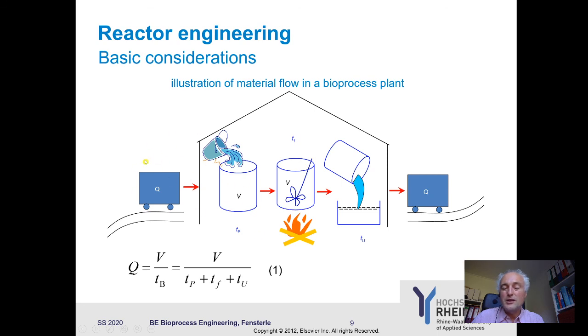And the bottleneck could be in the incoming logistics. This is also what you need to consider if your raw material is risky to get, and it's a rare raw material and you have just one supplier. It could be that this is the bottleneck. So you should think of how to avoid this bottleneck. Again, in this industrial biotechnology seminar in the next semester, this will all go together.